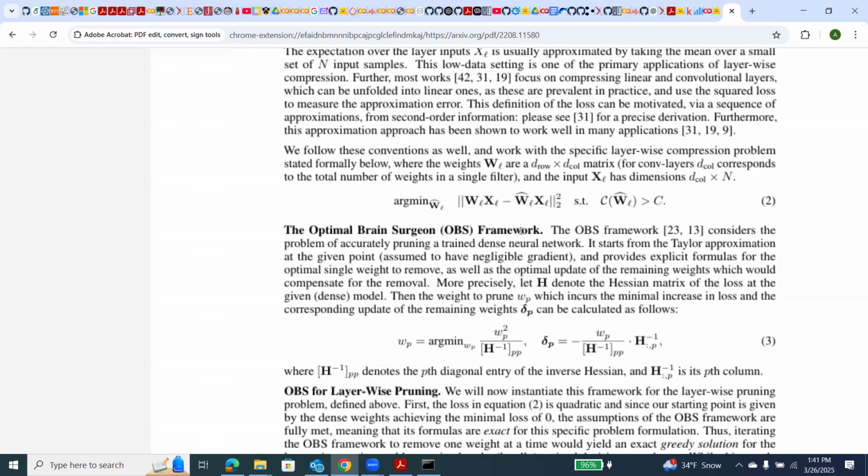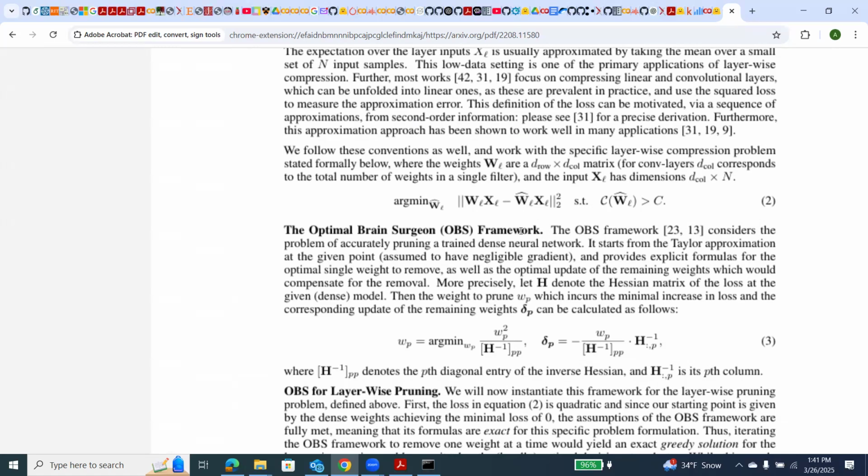But to get this Hessian, the matrix of second derivatives, you should also then invert this matrix. And of course, if you have several billion parameters, what will be the shape of the matrix? It will be, let's say, 7 billion times 7 billion.